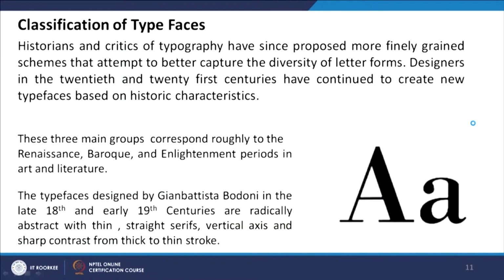Now next is another style, where it started changing. This is a Bodoni font, where you can see the curves of these serif ends got minimized, and this has a more machine-made aesthetic than the previous one.